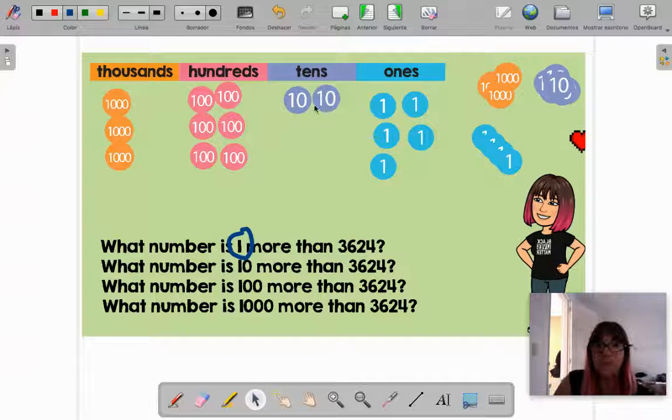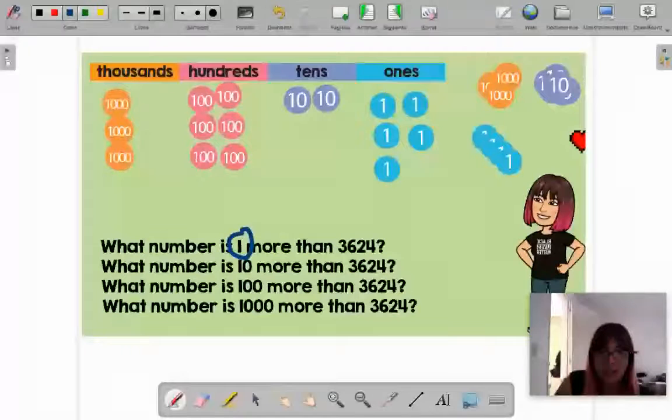No. Did we change the tens? No, we didn't. We only changed the ones because we had 4 and we bring 1. So the other numbers stay the same. That means 3,620 stays the same. But it was 4, but one more, now it is 5. Do you see how we have 5 here?